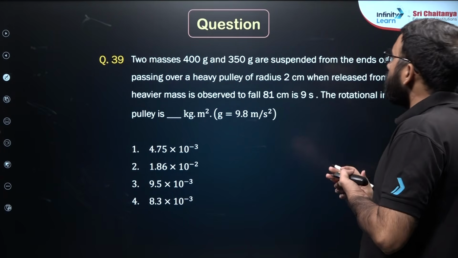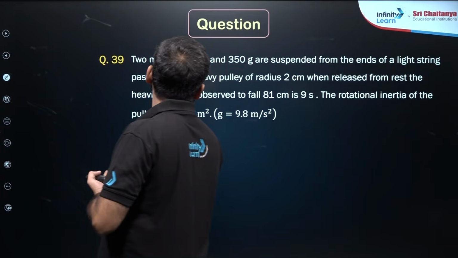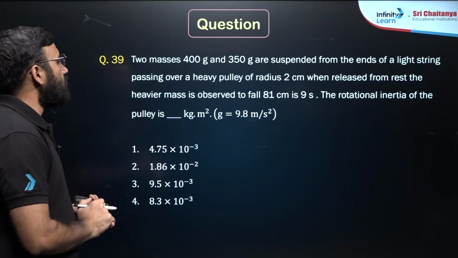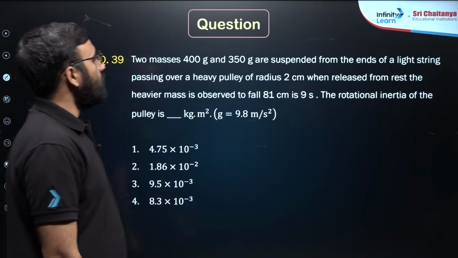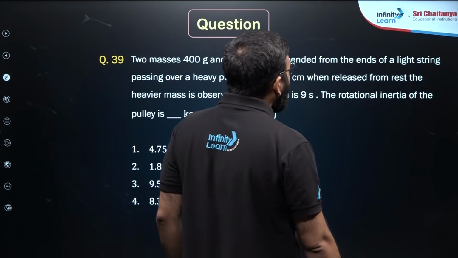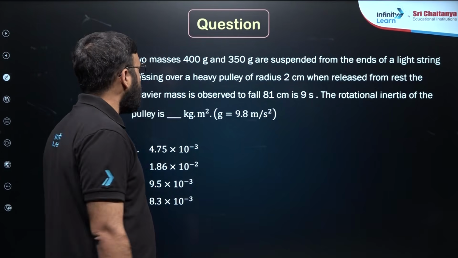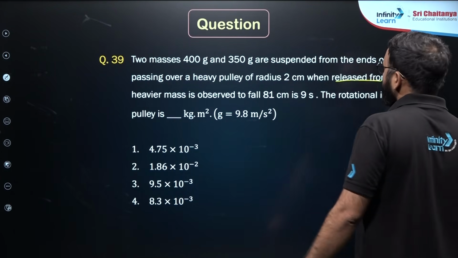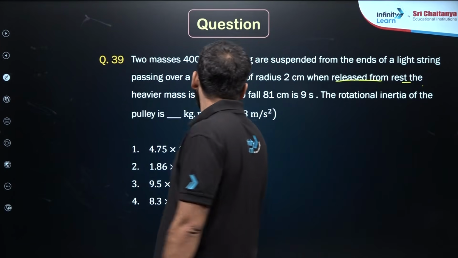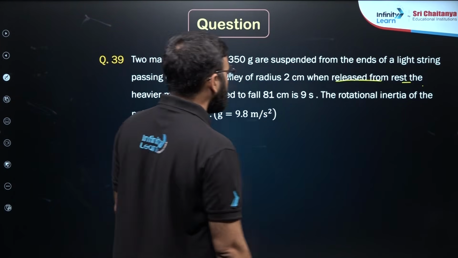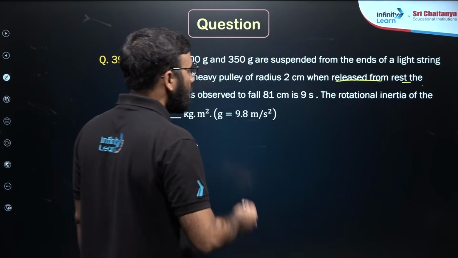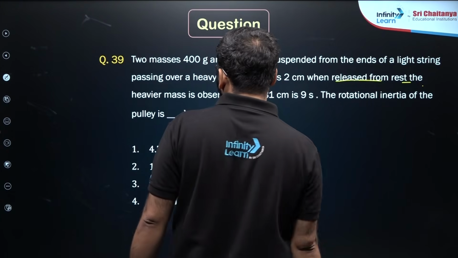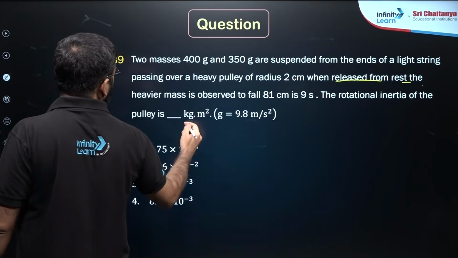Two masses of 400 gram and 350 gram are suspended from the ends of a light string passing over a heavy pulley of radius 2 cm. When released from rest, the heavier mass is observed to fall 81 cm in 9 seconds. So the rotational inertia of the pulley is in kilogram meter square.